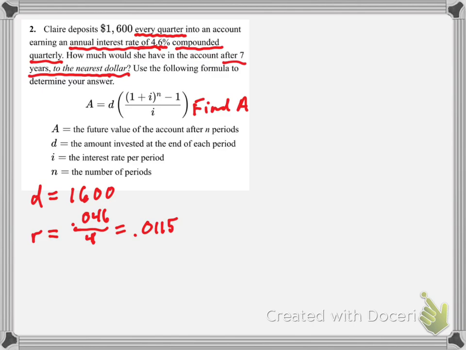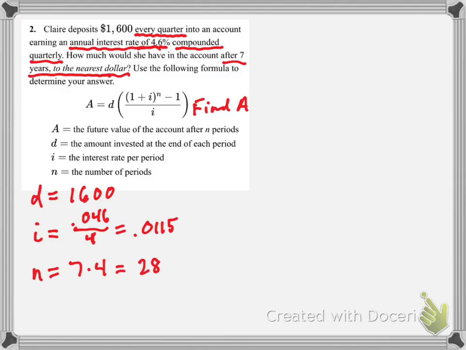And then, why did I put R? Pay attention. I. Now, N is the number of periods. But here's the thing. It says, how much would she have in the account after 7 years? Well, how many quarters are in 7 years? 7 times 4 is 28.